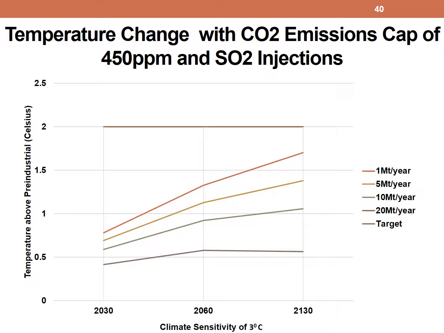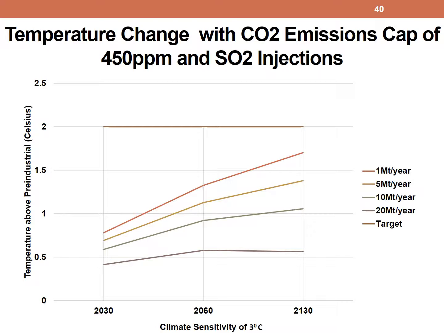Here what you can see is the temperature change with carbon dioxide emission cap of 450 parts per million and sulfur dioxide injections. This is a very optimistic carbon dioxide cap, as we are already at 404 parts per million, and political will has shown to be unsuccessful.